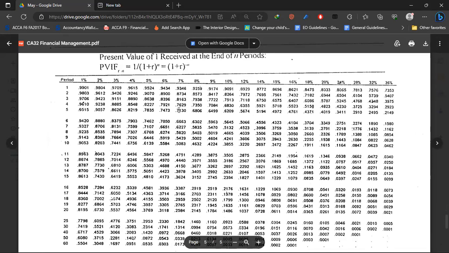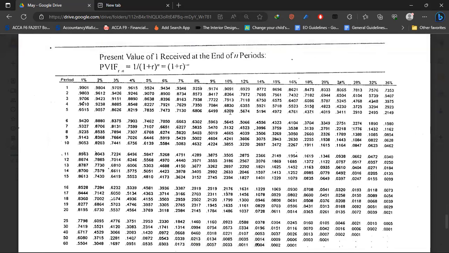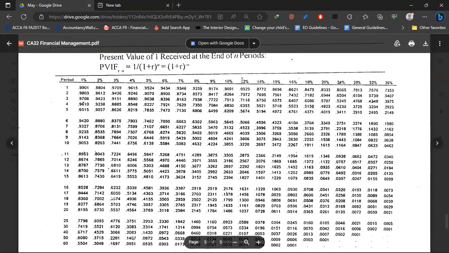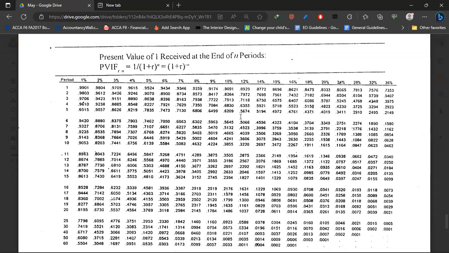Then you go along this row up to where you match your interest rate, and our interest rate shows us 0.5674. I can just multiply straight without even doing the calculation. So that is what I was meaning.